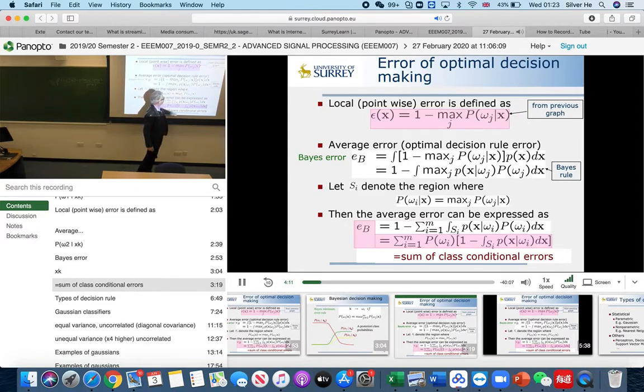We can rewrite it using Bayes' rule this way round if we want, because the P of x will multiply into this. It's 1 minus the integral of the max of P of x given omega j, P of omega j, dx. So this gives us the idea that if we've got certain classes with certain probabilities, just based on the overlap, no decision-making machine can have an error less than the Bayes error.